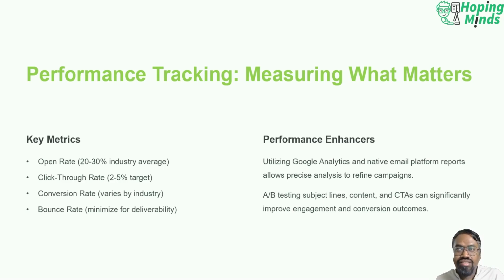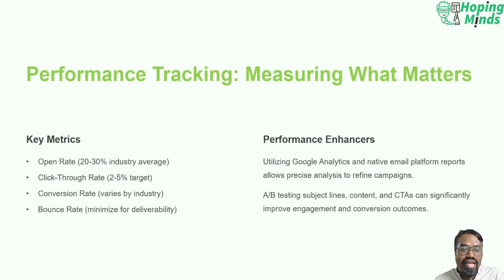Conversion rate varies from industry to industry, so it depends on the product or the services that you might be having. Bounce rate is a very important aspect in email marketing, which again tells you the story by its name itself, that if we reduce the bounce rate, then it is the best, right?